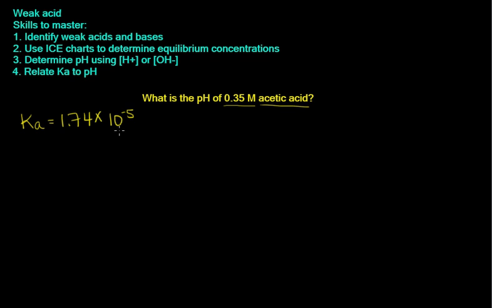The next thing we need to do is write out the reaction of what's happening here. We're taking these solutions in water, and we're adding in acetic acid. The formula for acetic acid is CH3COOH.